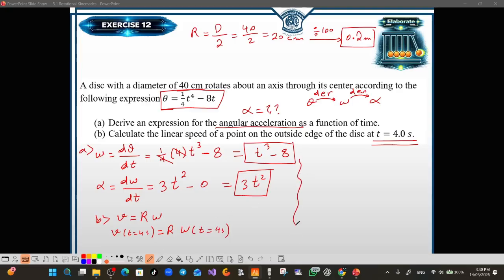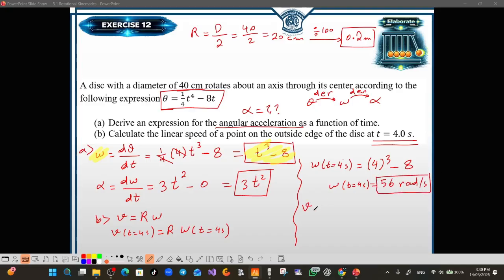So let's find the omega after 4 seconds, which means we will use the expression of omega. This is the expression of omega. And we calculate the omega after 4 seconds by substituting 4 in every single t. We have only one place for t. So 4 to the power 3 minus 8, and the omega after 4 seconds equals 56 radian per second.